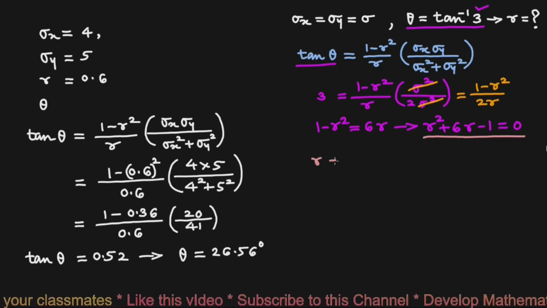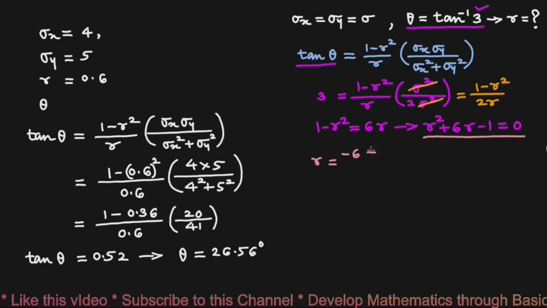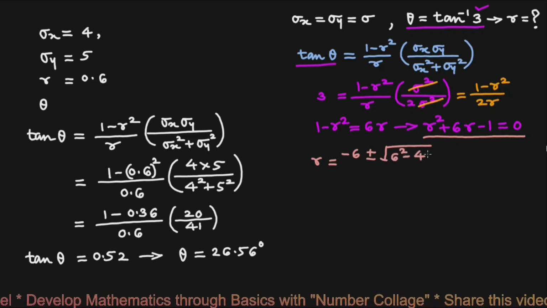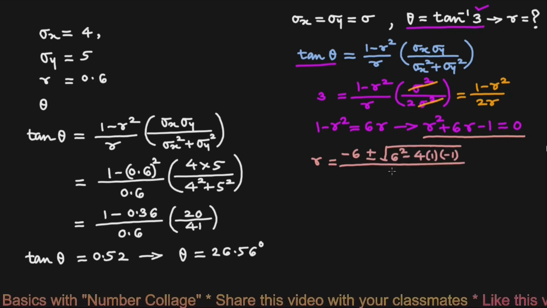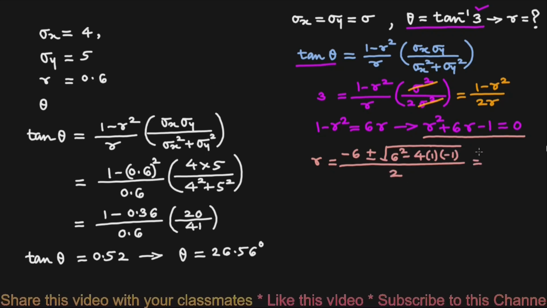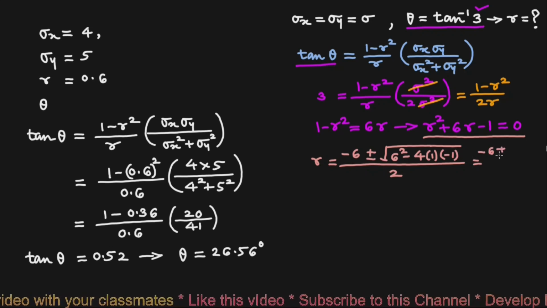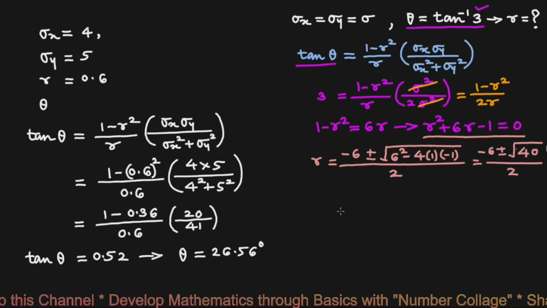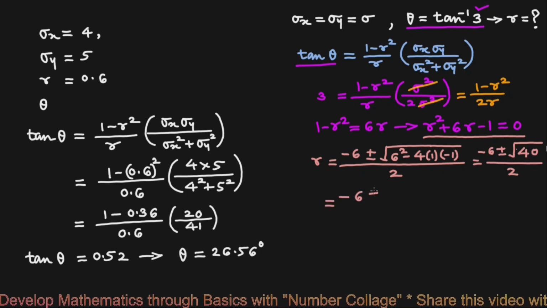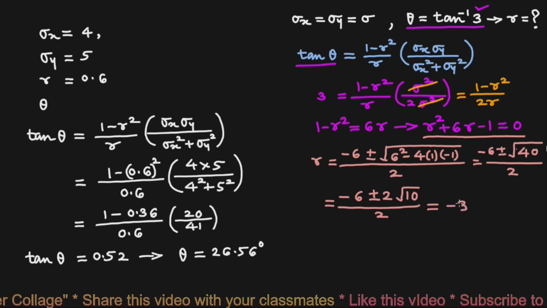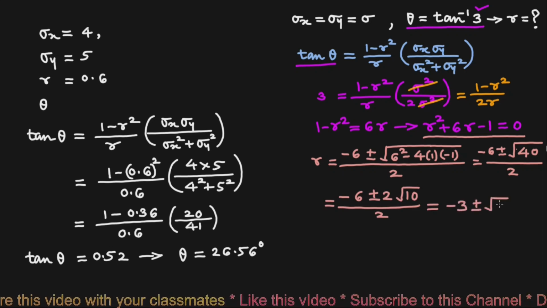R equals minus 6 plus or minus square root of (6 square minus 4ac, that is 4 into 1 into minus 1) upon 2a, that is 2 into 1, 2. This will be minus 6 plus or minus square root of (36 plus 4), 40, upon 2. This will be minus 6 plus or minus 2 root 10 upon 2, which will be minus 3 plus or minus square root of 10.